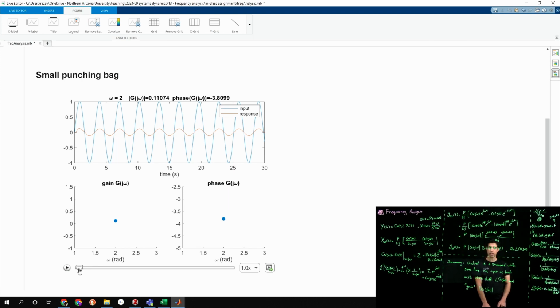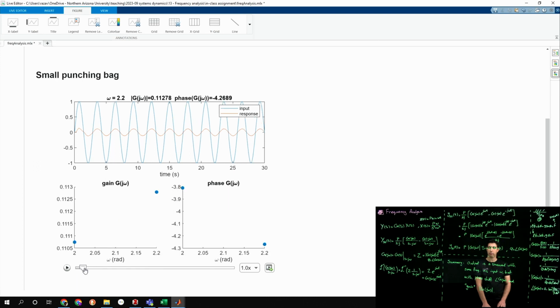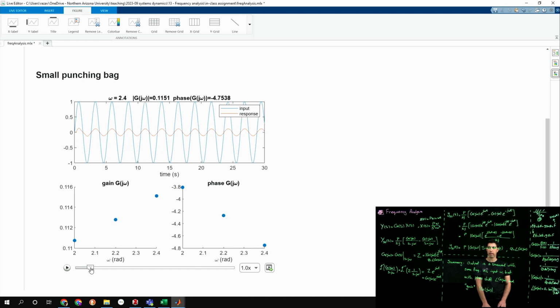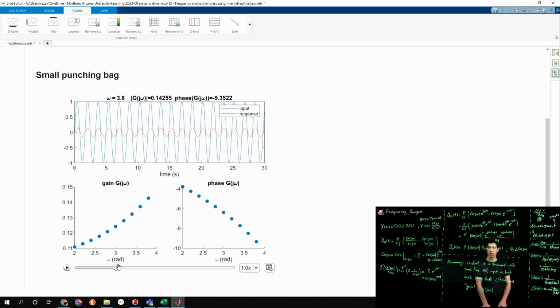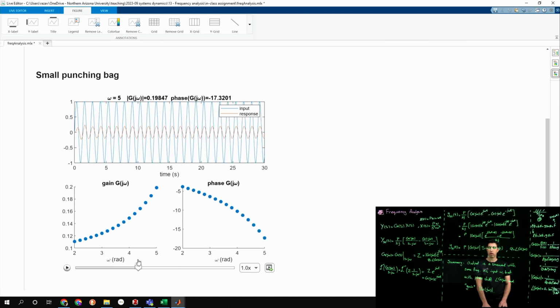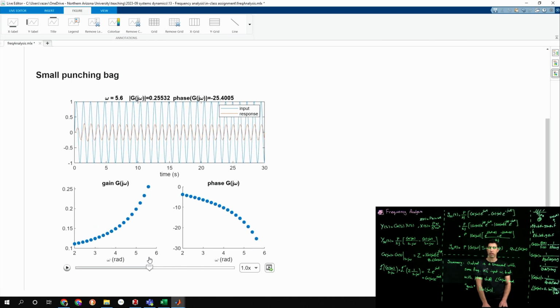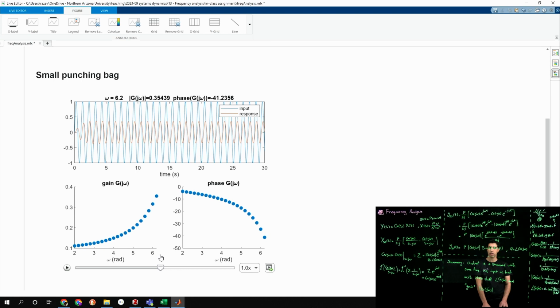As I increase my frequency, going to higher frequency, you can see my amplitude of response is going to increase. It is also shown here that the response is increasing.